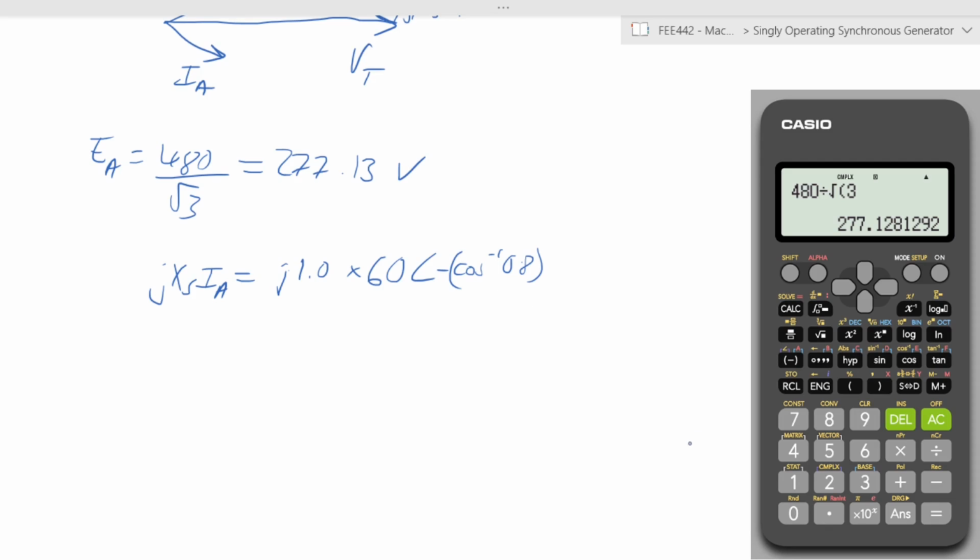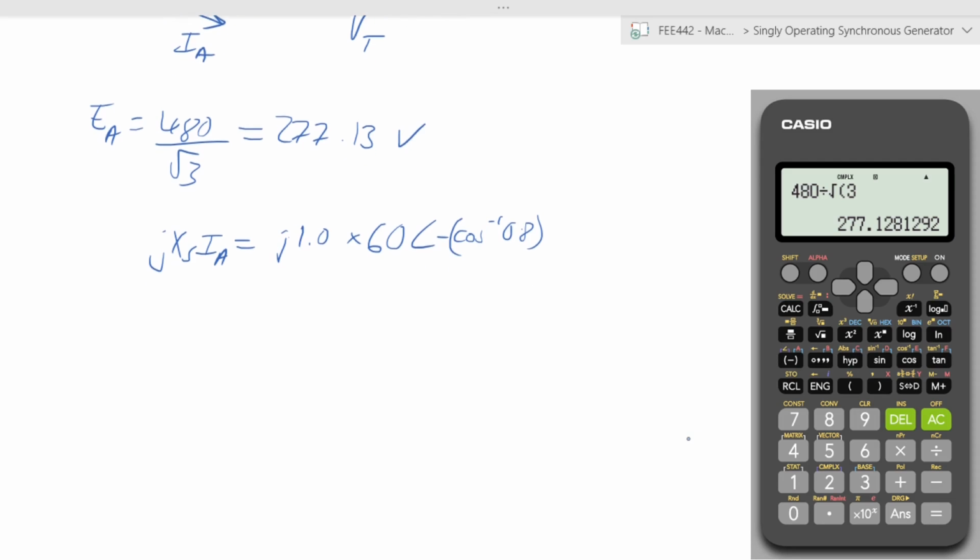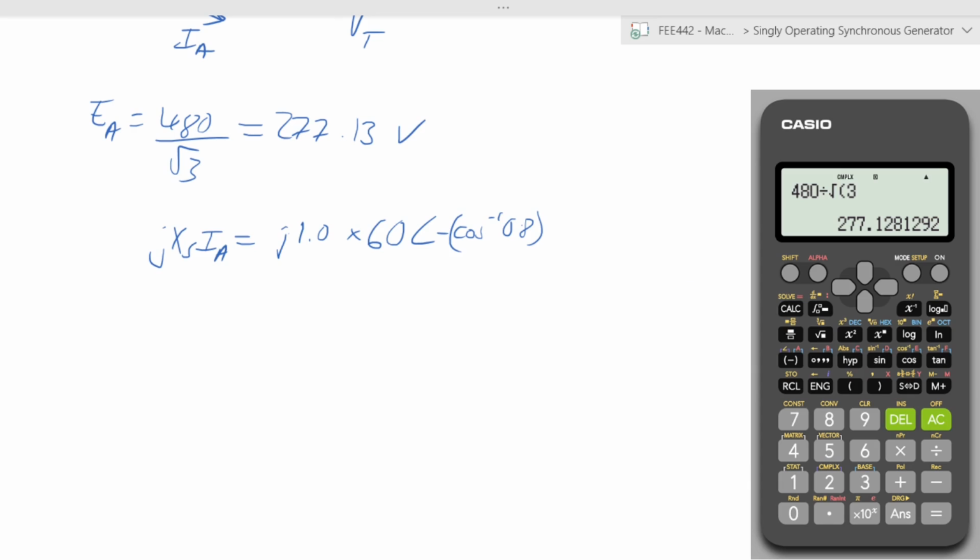Okay. Which will give us what? 1j times 60 at an angle of, brackets, cos inverse 0.8.